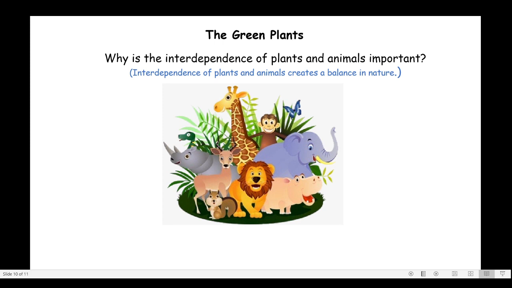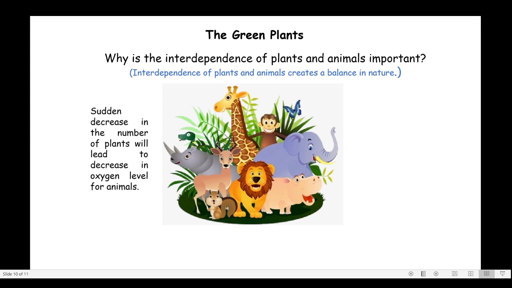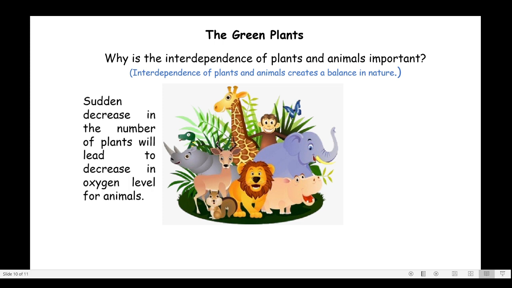So if we look at this picture of animals and plants, if the number of plants decreases suddenly, then what will happen? The oxygen level for animals will also decrease. Yes, so we keep telling that we have to grow the number of plants every now and then.